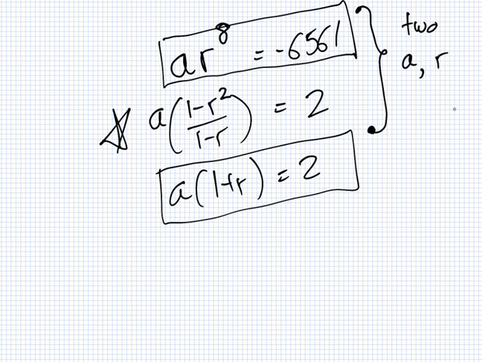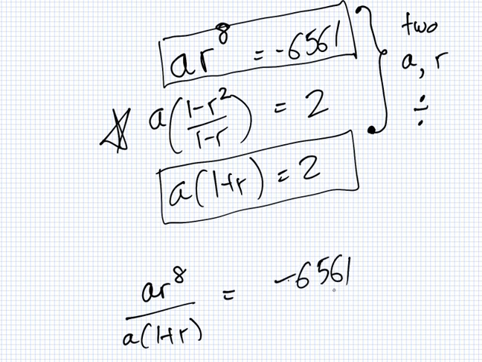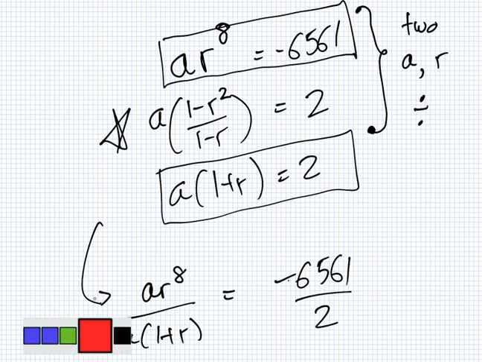It's not quite like simultaneous because you can't eliminate it, you can't subtract it. But what you can do here, the trick is you can divide them. So you can say a r^8 over a(1 plus r) equals minus 6561 over 2. You can do it like this. Now that's kind of nice, because what happens here on the left?